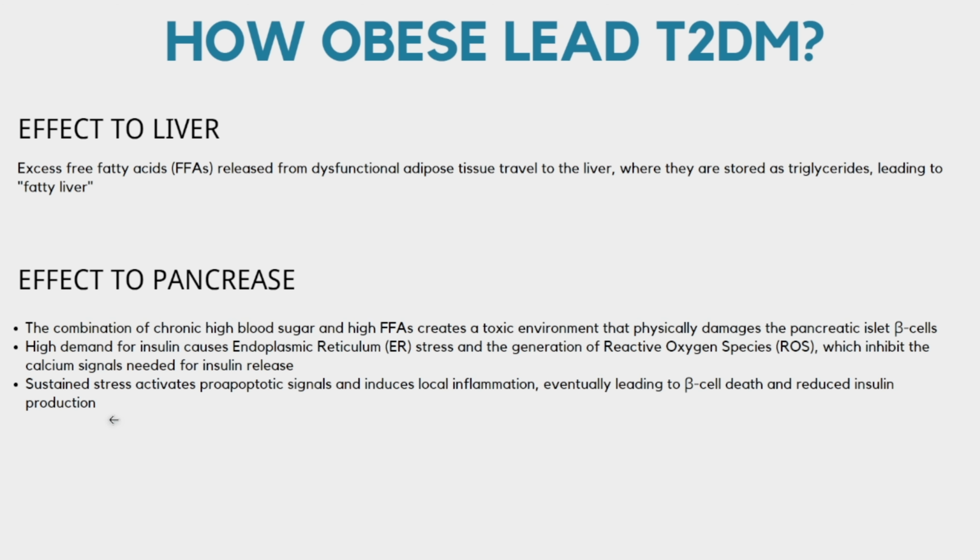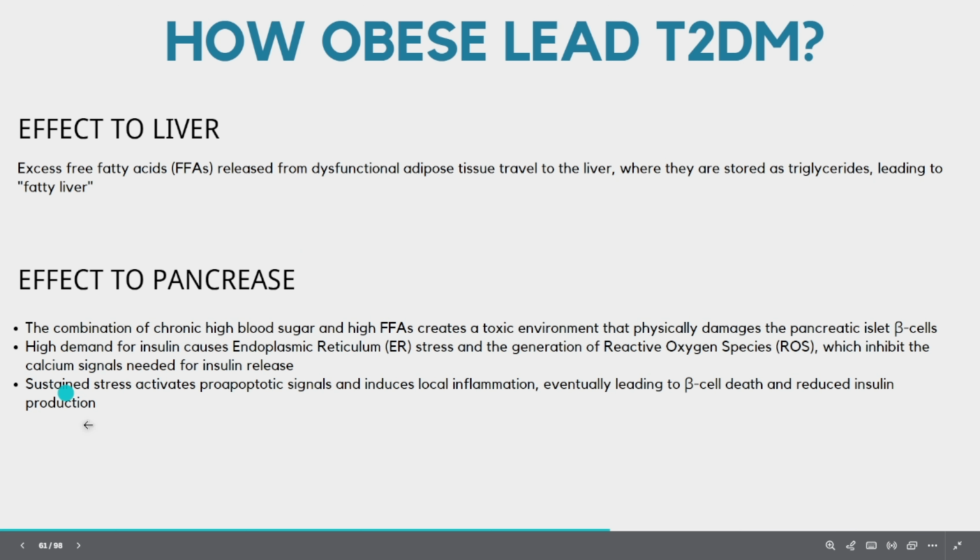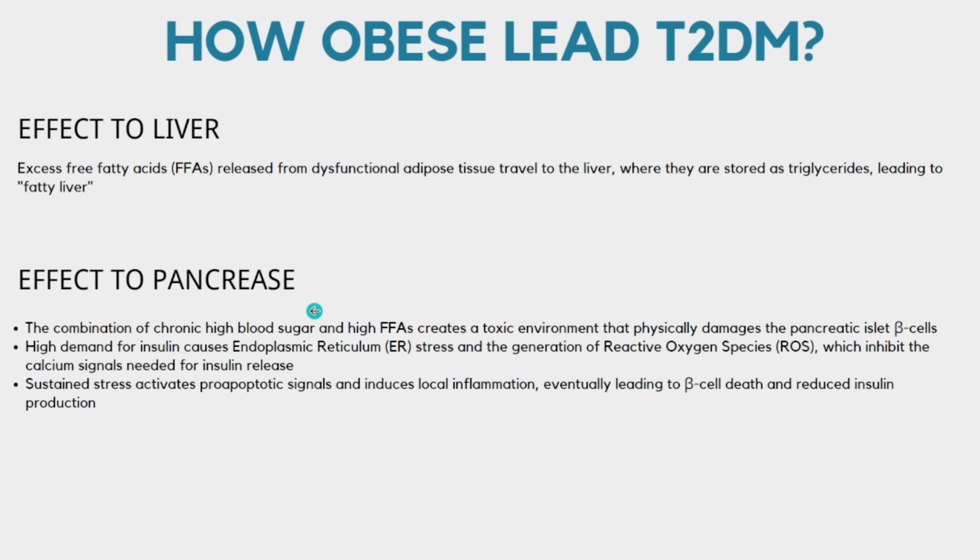So meaning that when you have many FFA, you will cause a toxic environment that damages the beta cell. It will also generate reactive oxygen species, which will inhibit the calcium signal needed for insulin to release.